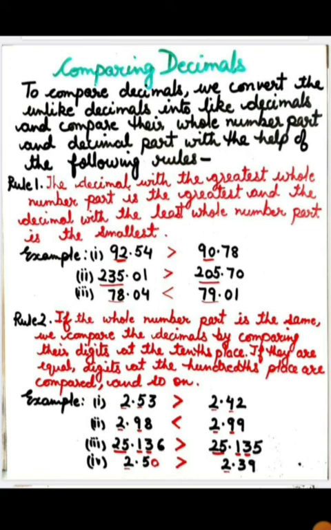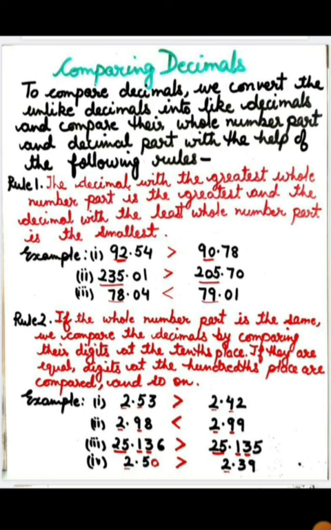So 2.53 is greater than 2.42. Now in the second example, the given numbers are 2.98 and 2.99. Their whole number part is the same, and the decimal parts are 98 and 99. 99 is greater than 98. So 2.98 is less than 2.99.